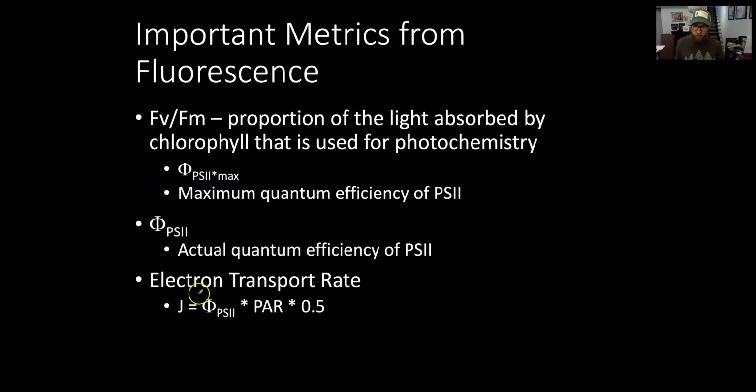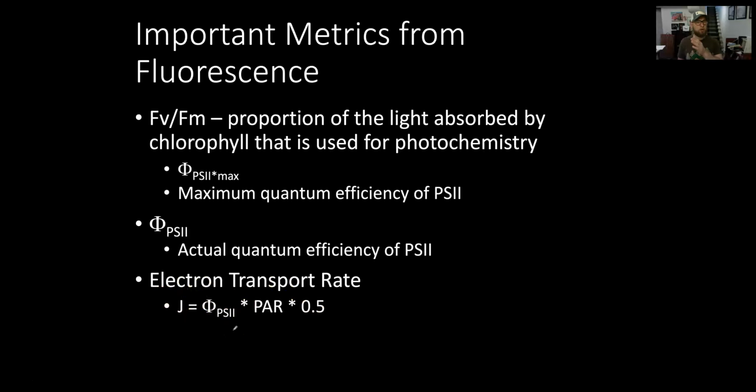And then with that number, with the photosystem 2 quantum efficiency, we can calculate the electron transport rate. And remember, this is something we could estimate from an A/Ci curve. So we could get Jmax, which was the maximum rate of electron transport, from A/Ci curves. We can get that same parameter from chlorophyll fluorescence.